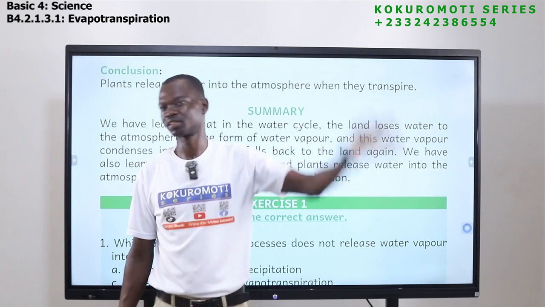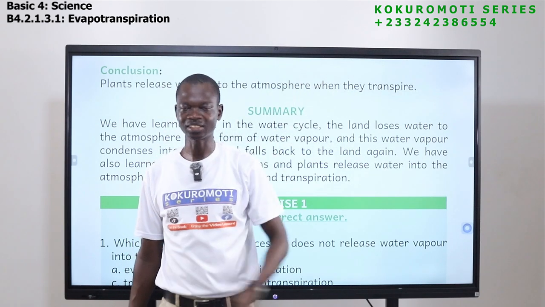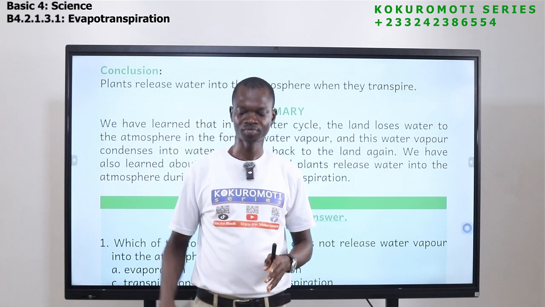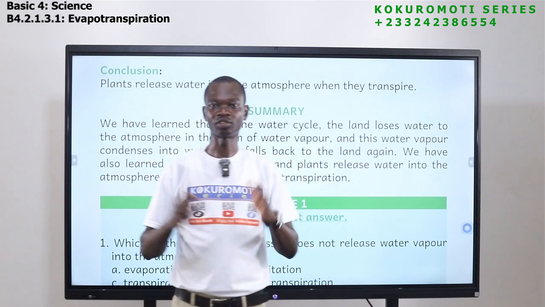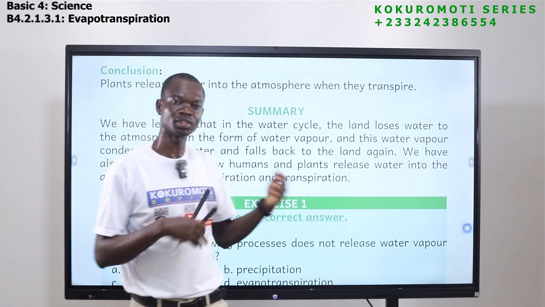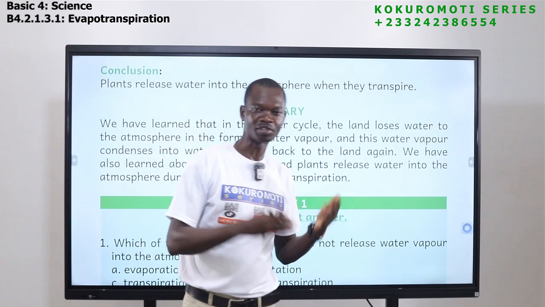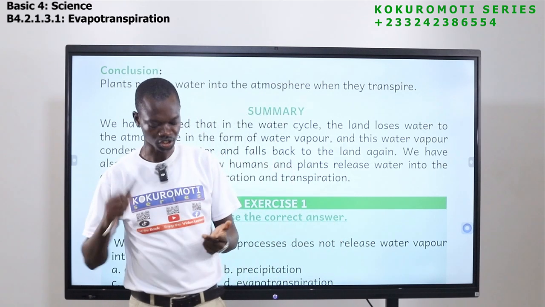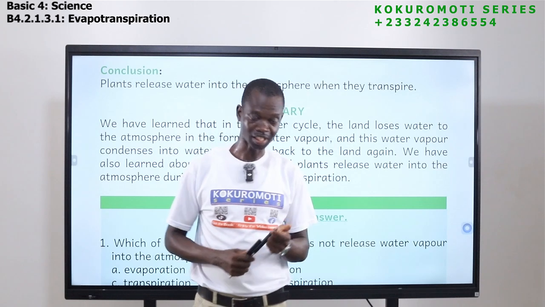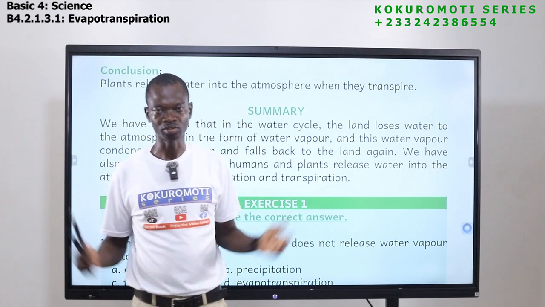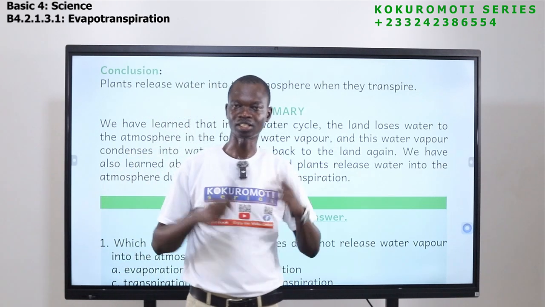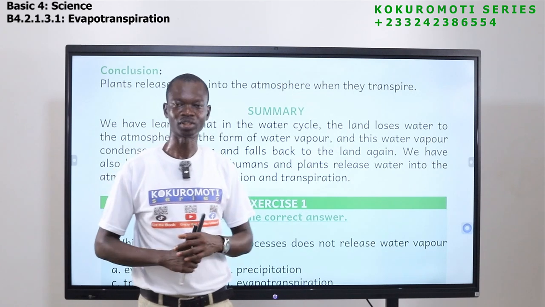So it moves continuously in a cycle, it doesn't stop. That is what we call the water cycle. The processes involved are the things that we have learned: condensation, precipitation, transpiration, evaporation.